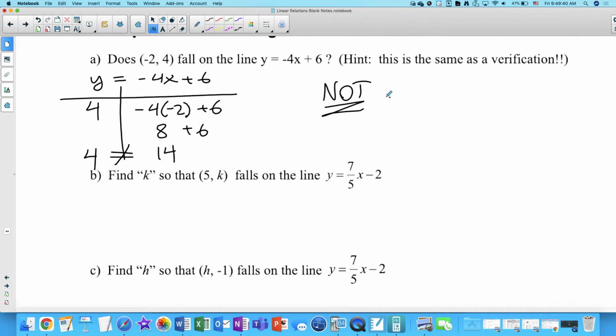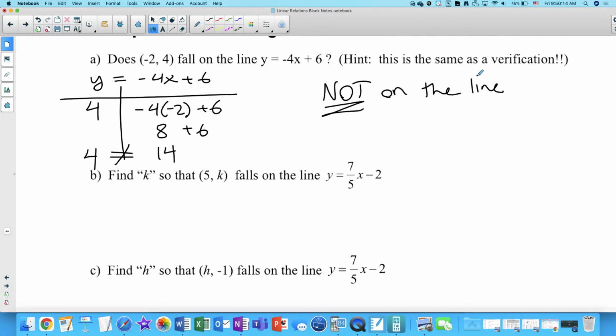Okay, here's another type of question that you can get. Find k so that the point 5, k falls on this line. Okay, well, how do you think you'd figure that out? I want to know what's the y value if this point is on this line. Yeah, well, you're going to plug in both, actually.